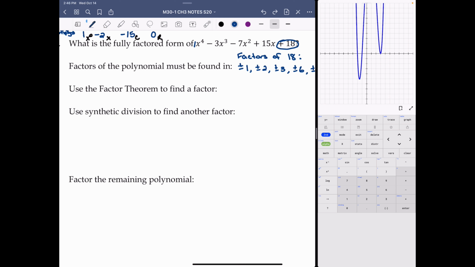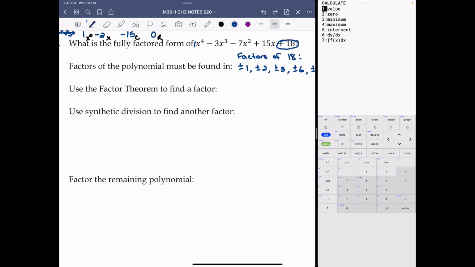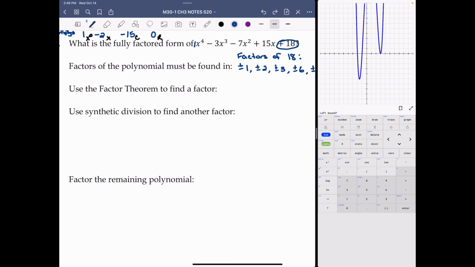And here we go. So find one of the x-intercepts. It doesn't matter which one. I'm going to find this one, second trace number 2, left bound of this x-intercept. So down here somewhere, hit enter, right bound up there somewhere, hit enter, hit enter. So negative 1, 0.